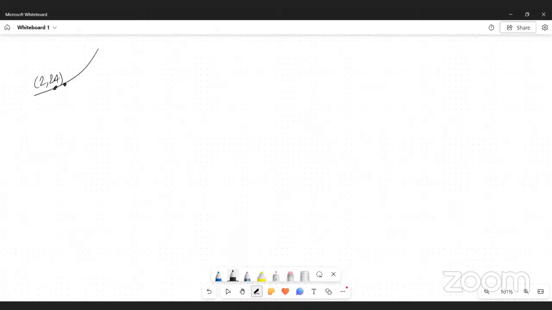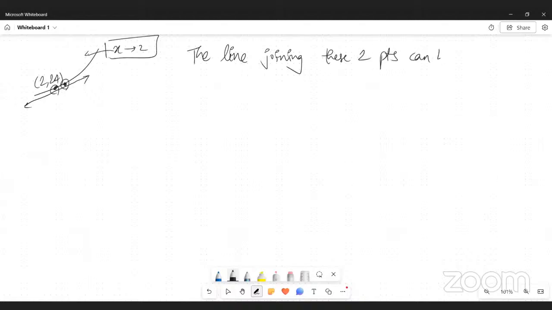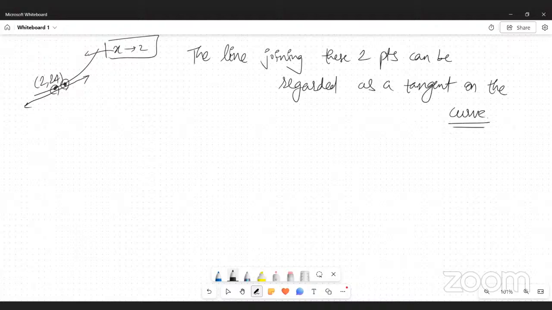I bring a point so close to it that the line joining these 2 points can be regarded as a tangent on the curve. Do you understand? This is the basic limit that we are talking about.